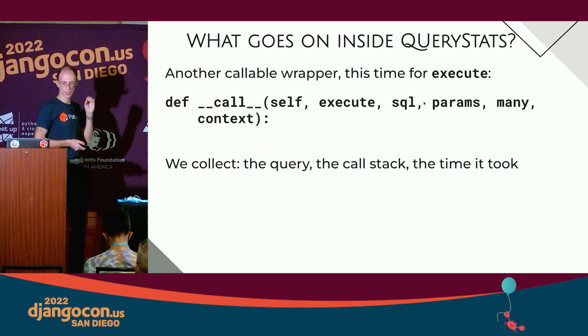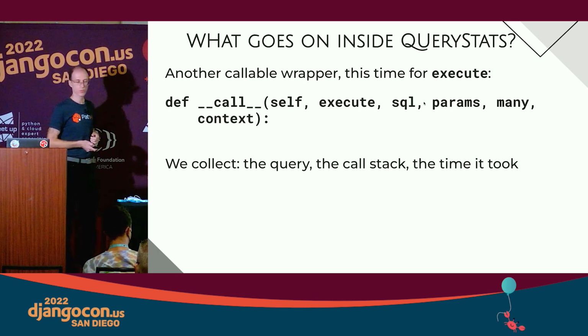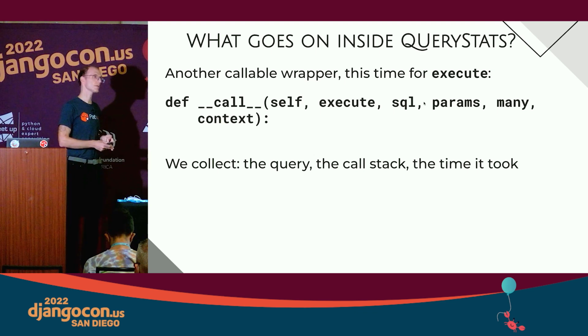And then, again, the core piece, what is it that we collect? So inside each database call, we get to look at the SQL statement, parameters, if you really care. We decided not to care, the parameterized SQL statement is enough. And so we collect the query, the call stack at the time, and also just the clock time that it took to run it, because that's a measure of how expensive the thing is.